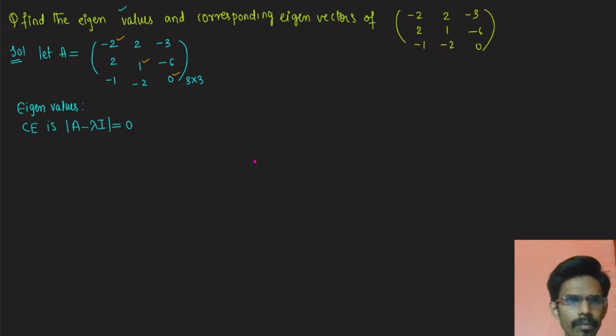Then we have -2 minus lambda, 1 minus lambda, 0 minus lambda, and keep the other elements as they are. 2, -1 in the first row. In the second row we have 2, -2.